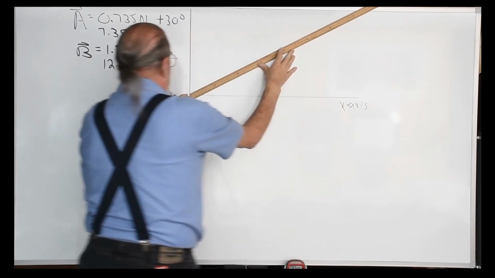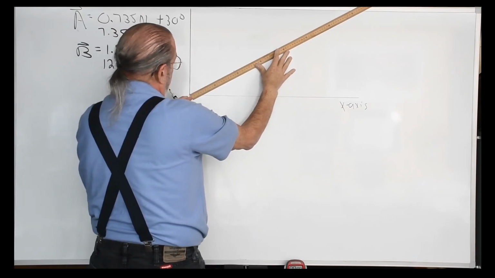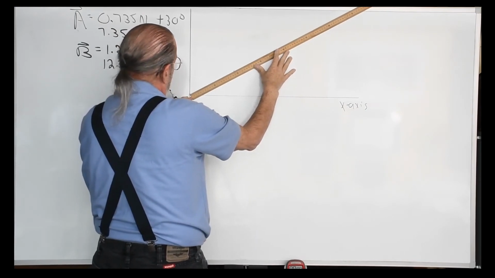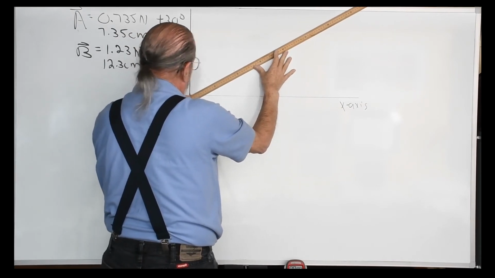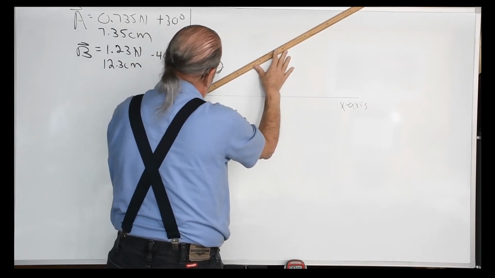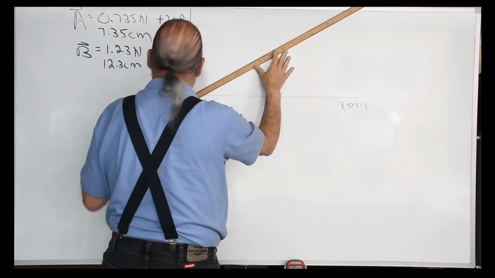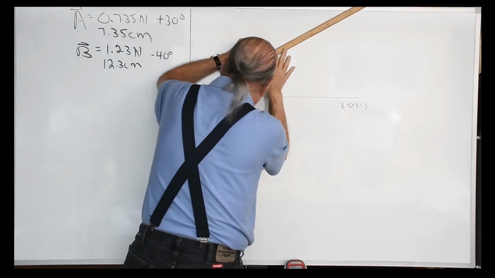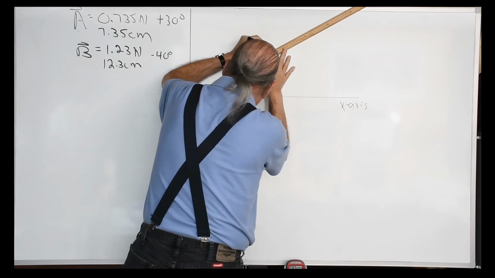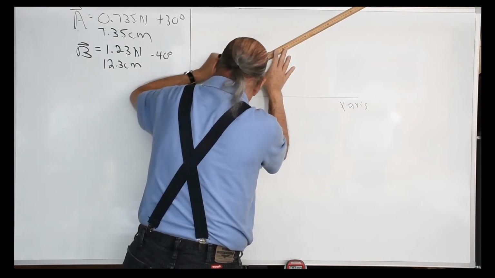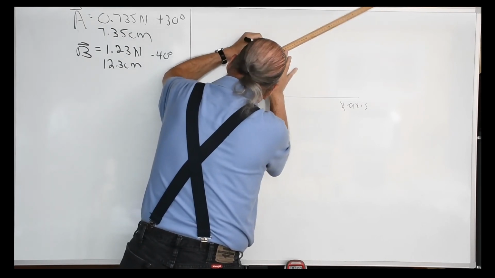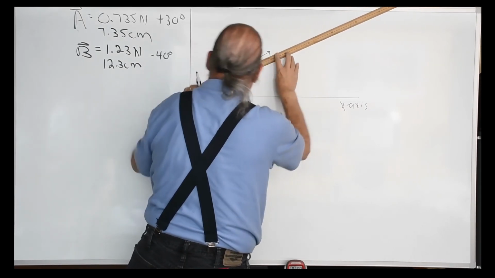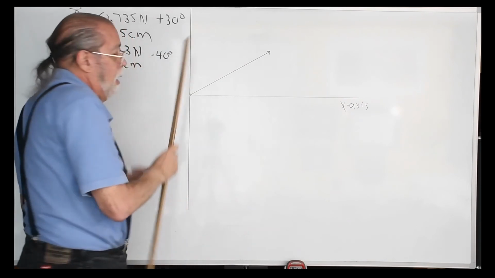So we put our line here. We line up the line from our protractor. And this is only going to be approximate for me. You do a much better job. And I want this to be about 35 centimeters long. Like that. Put an arrow on the end.